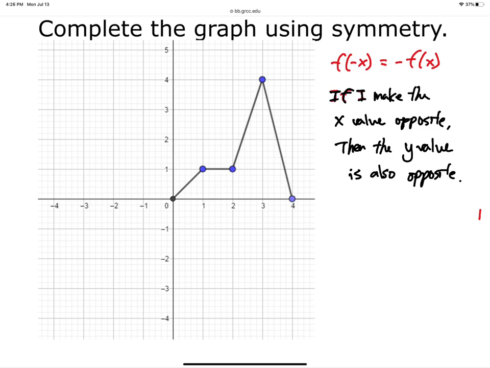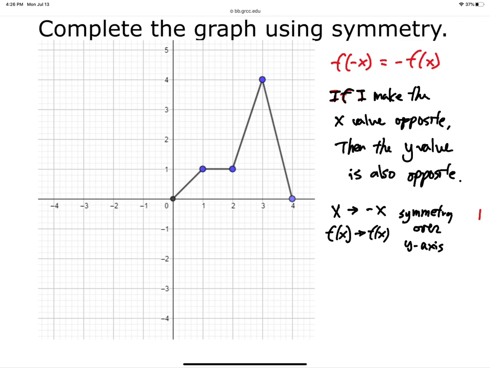Okay, so if you think about it, as we said earlier, if x goes to negative x and f of x stays the same, this is a symmetry over the y-axis.